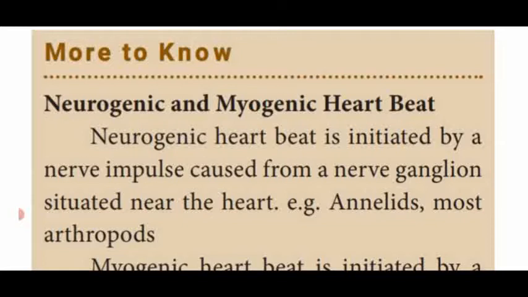Example, annelids and most of the arthropods. These two are invertebrate animals. In these invertebrate animals, the neurogenic heartbeat is initiated by a nerve impulse from a nerve ganglion situated near the heart region.